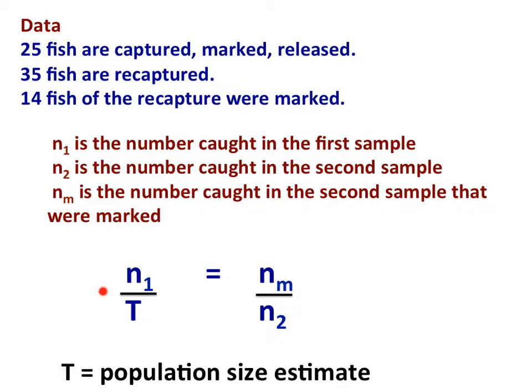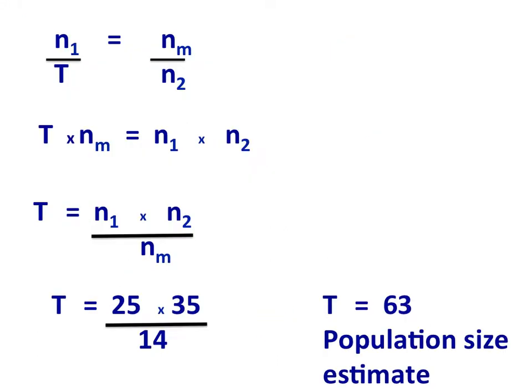The left side of the proportion is the first capture, with T being the estimated size of the population. The right side is the second capture data: number marked in the second capture divided by the total number in the second capture. So, if we follow the algebra, our proportion is rearranged to this equation and then rearranged to this equation.